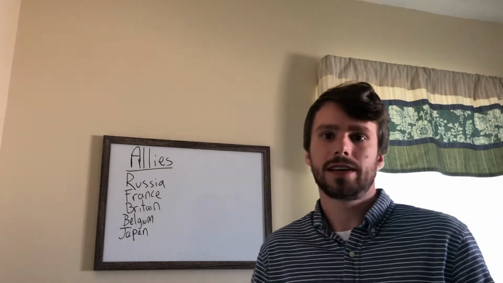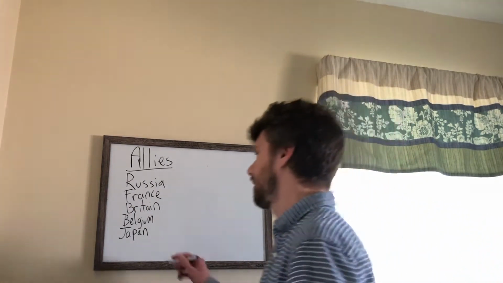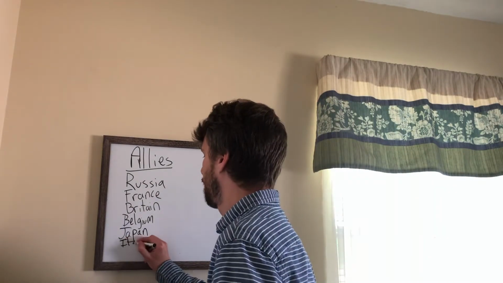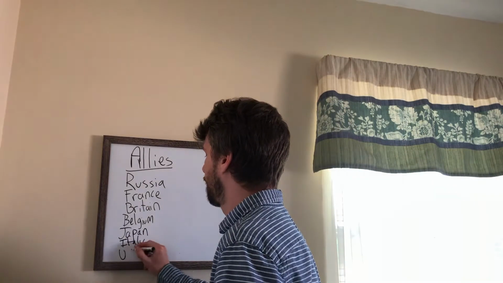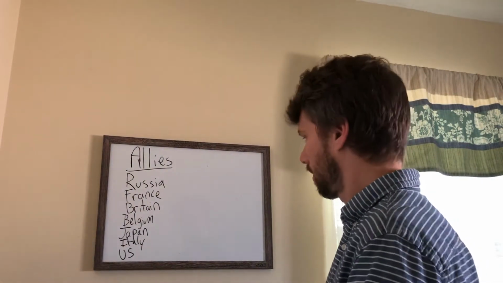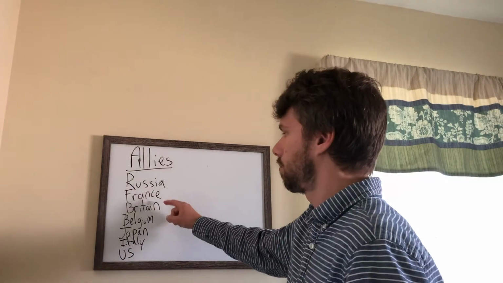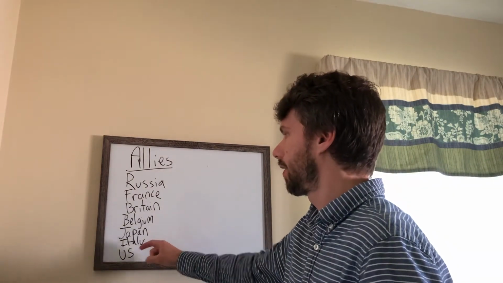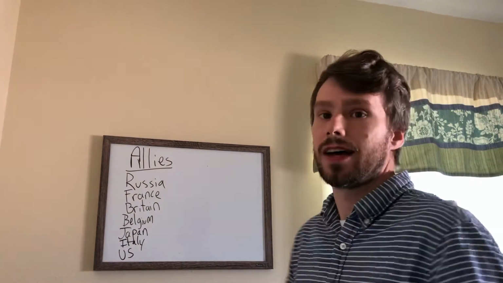And the U.S. entered the war in 1917. Italy. Russia, France, Britain, Belgium, Japan, Italy, U.S. on the Allies. Okay?